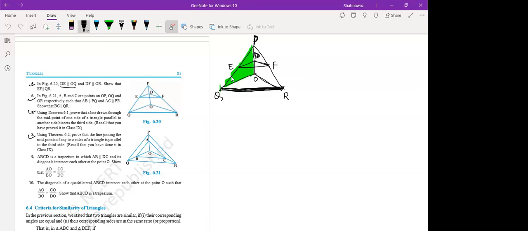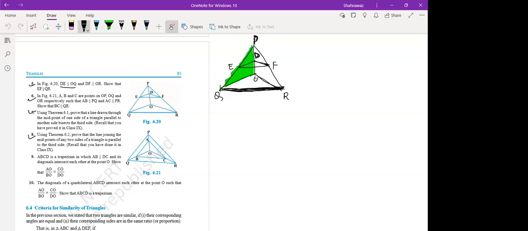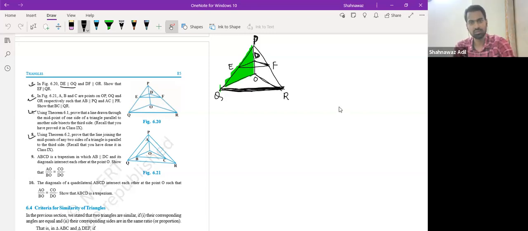As Rizwan identified, POQ would be the triangle. So in triangle POQ, we have line ED which is parallel to QO, right? Talha, understood?